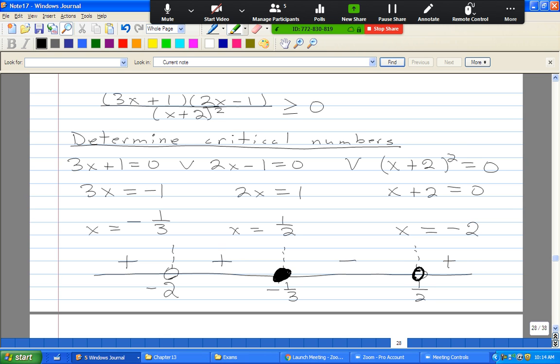So I fill in every critical number found by setting the numerator to 0, but not the denominator to 0. So this will be left open. And then I will fill in all the pluses because I want this to be greater than or equal to 0. So let me do that.